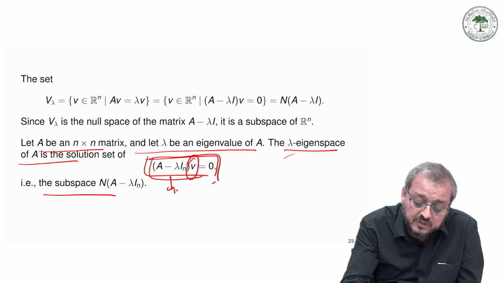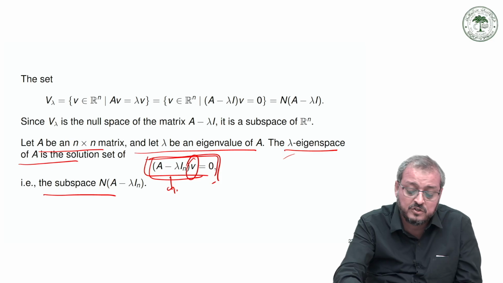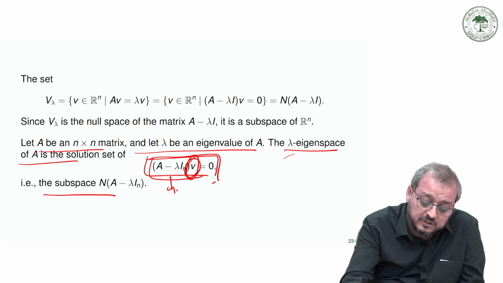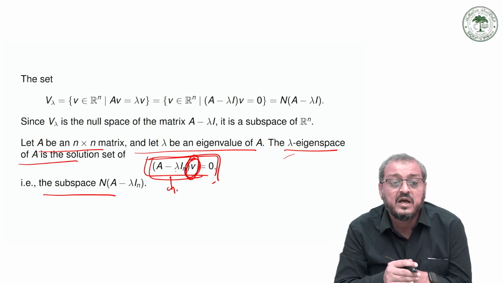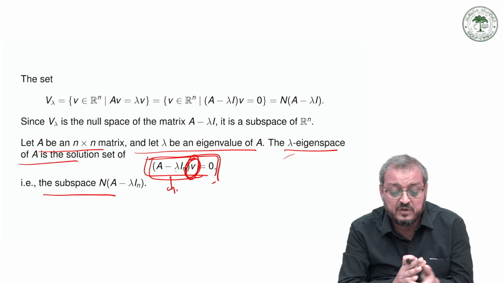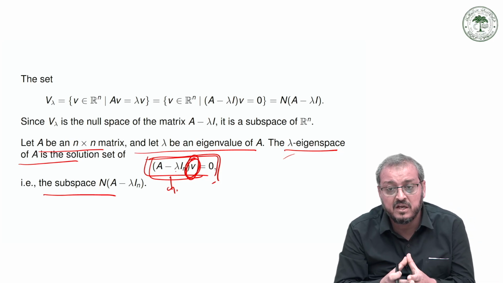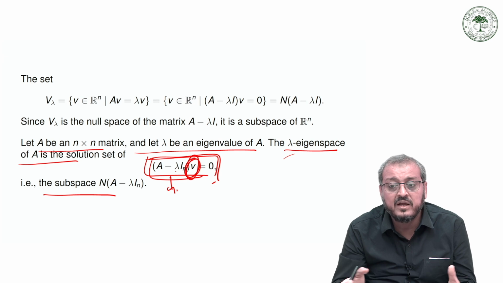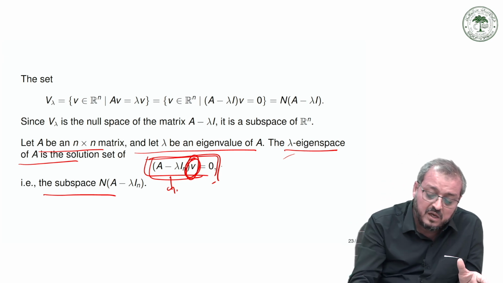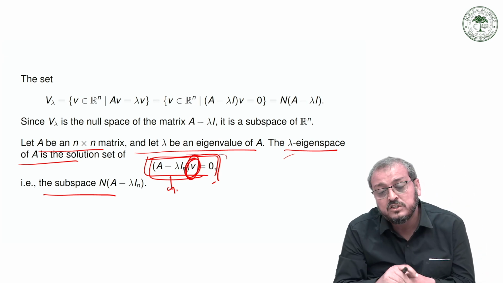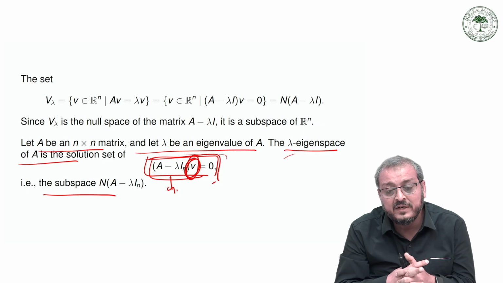If this homogeneous equation has a non-trivial solution, we find the value of v, and that v is called the eigenvector. The lambda eigenspace of A is the solution set of this system. This way we can complete it.